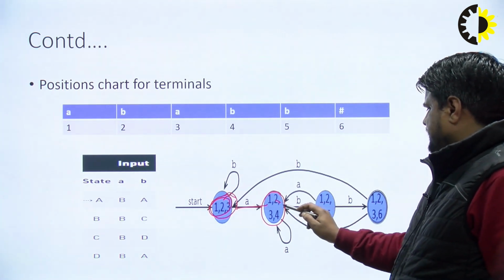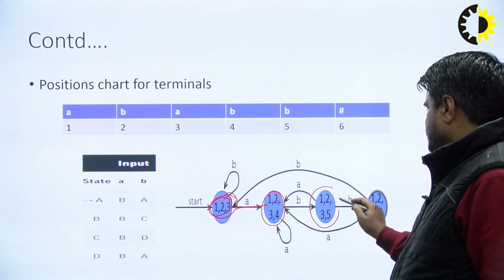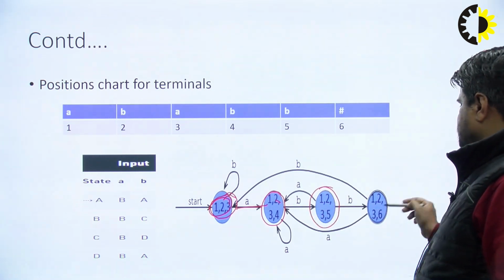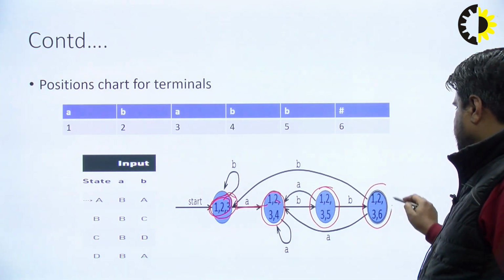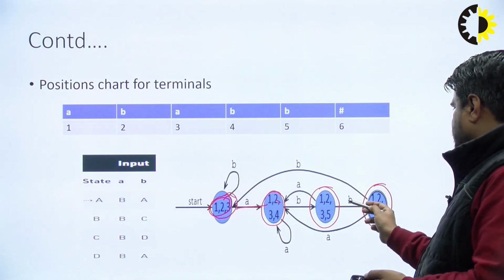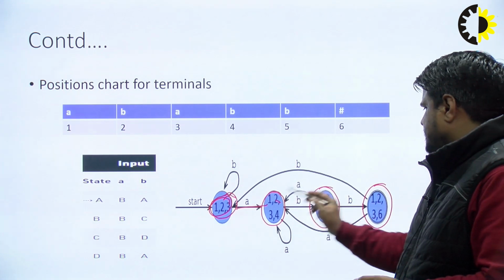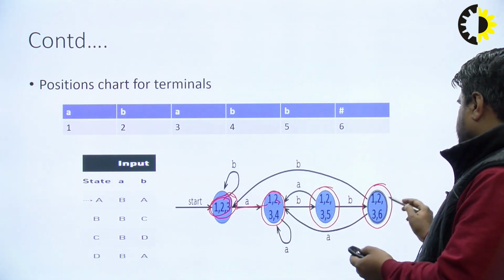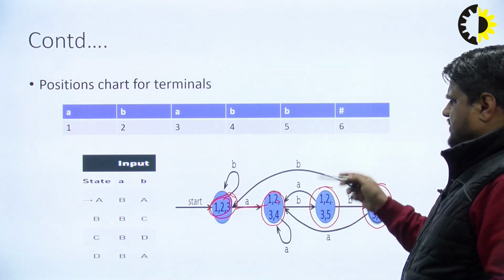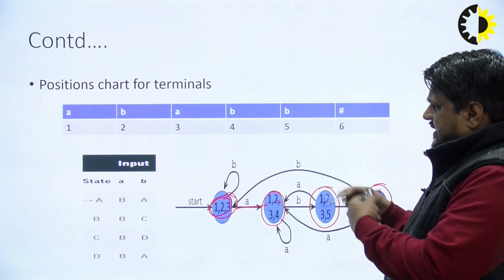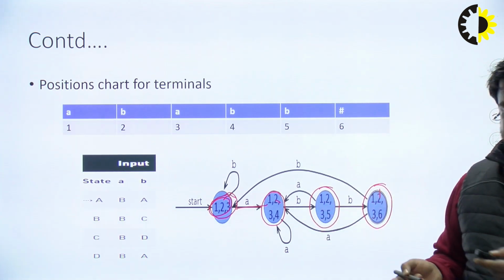And on B, you will move to 1, 2, 3, 5. From 1, 2, 3, 5 on A, you will move to 1, 2, 3, 4. And on B, to 1, 2, 3, 6. And so on. So it is very easy to find out the transitions.